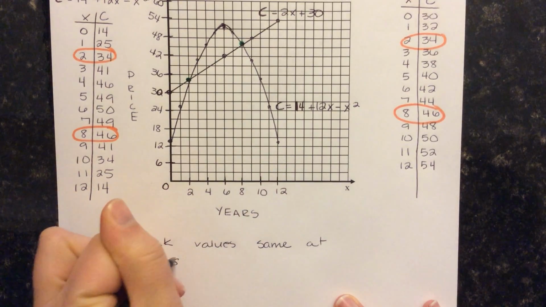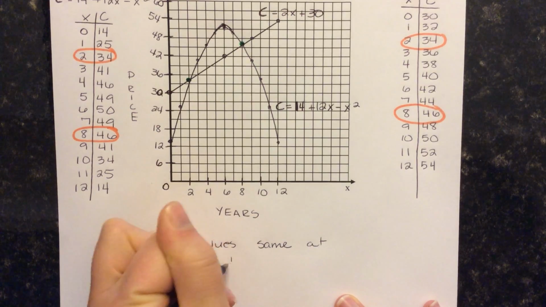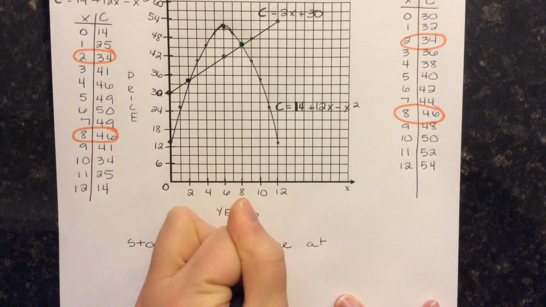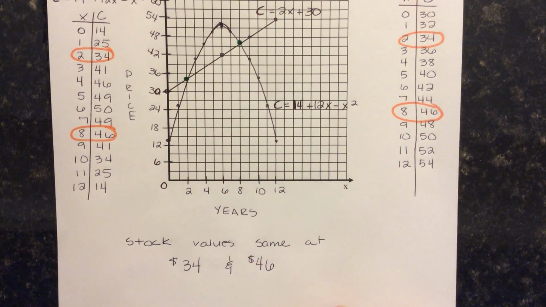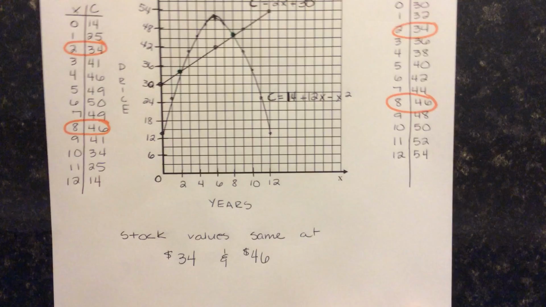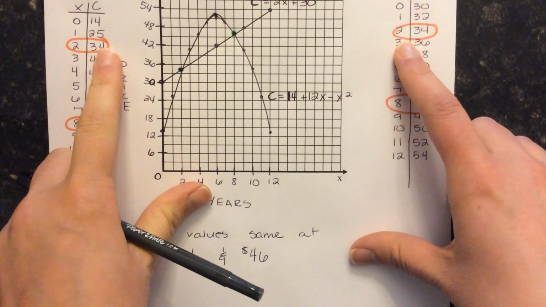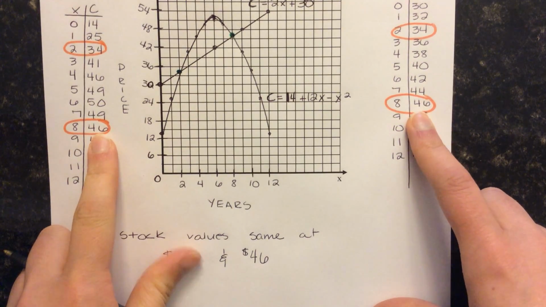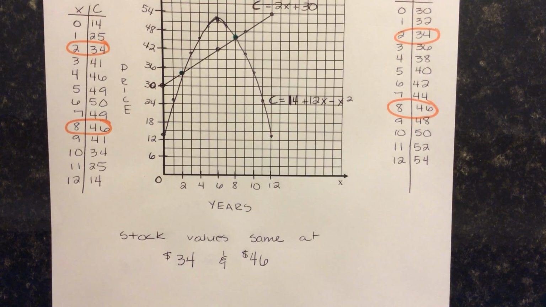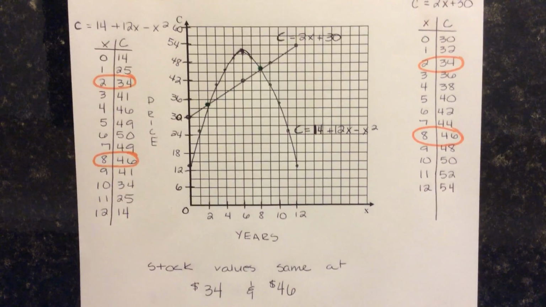At $34 and $46. It didn't say when, it just said the prices, so I don't need to mention the time in years or anything like that. But they'll both be 34 at the same time, and they'll both be 46 at the same time. So that's it. That's my answer.